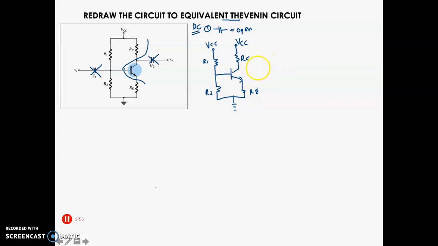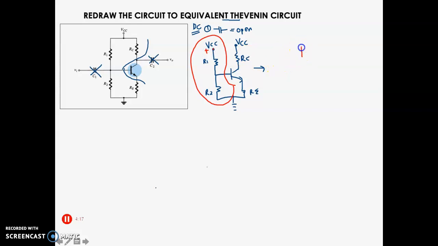Okay, so what you need to do now, since the positive of your VCC is connected to R1 and also connected to RC, is to interpret the input voltage here into another simplification of the circuit. So this VCC is connected to plus, right?